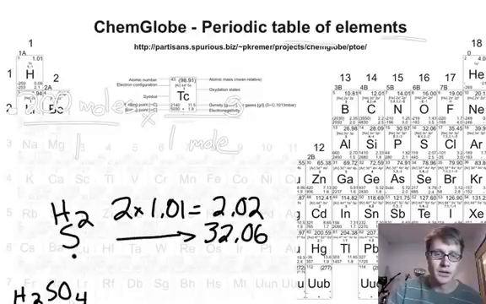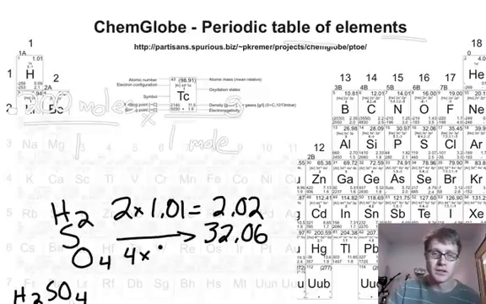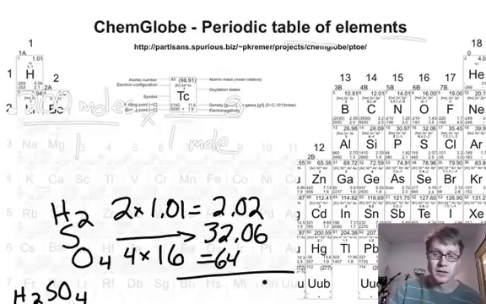And then I've got 4 oxygen, so it's O4. So I'm going to take 4 times oxygen, and oxygen is 16, and so 4 times 16 is 64. So I have to add all of these up. So I'm going to take this, excuse me, this is an 8, this is a 0, this is a point, and this is 98.08.